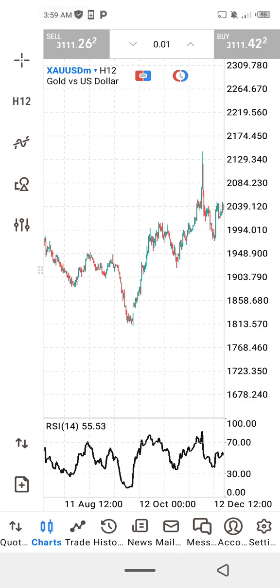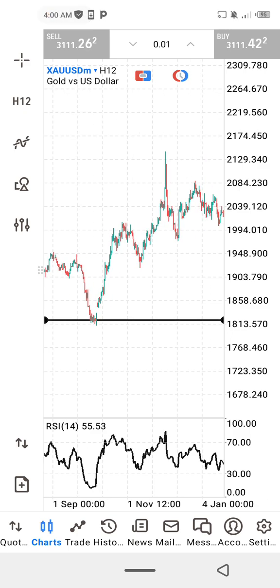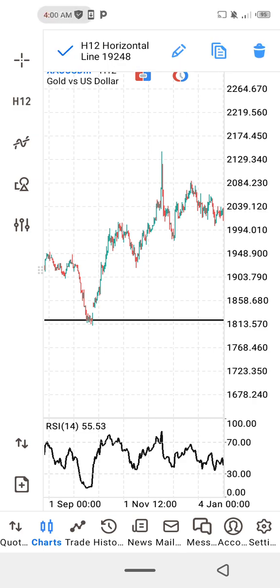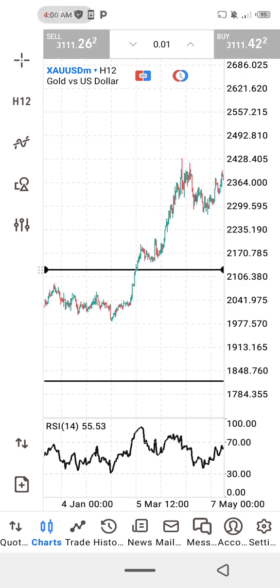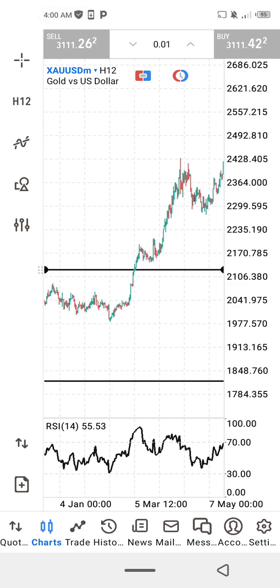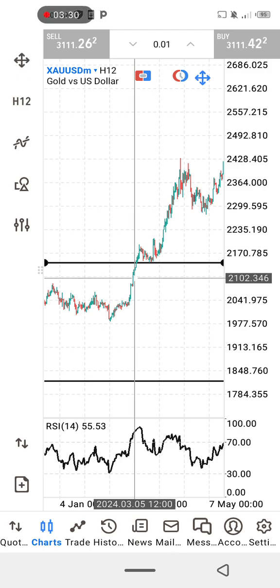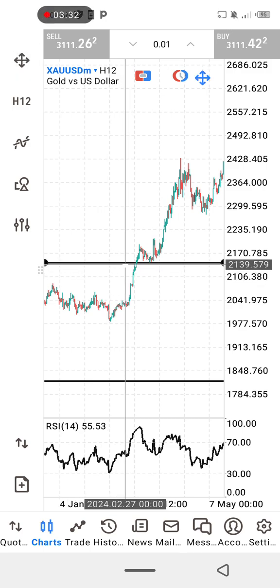As you can see, we have a low here. Then we have a high here. I don't want to confuse you guys, so let me make use of this so I can show you clearly.